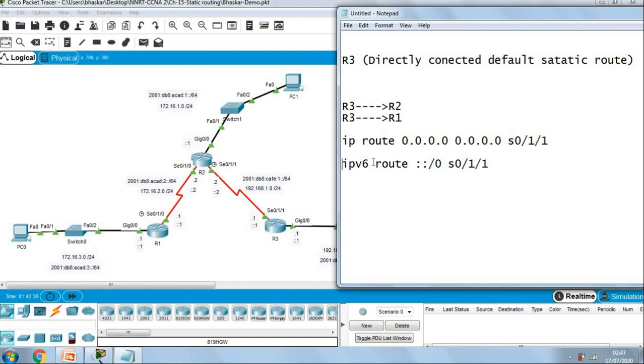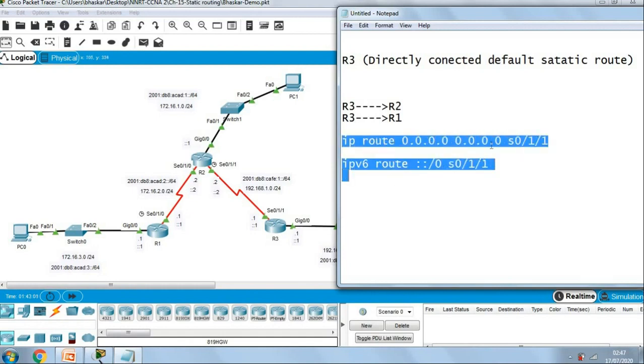So this is the IPv6 static route, the prefix with prefix length 0, and this is the exit interface serial 0/1/1. See here, from R1 I want to reach this IPv6 network. Yes, you can reach this one. So that's all about the default static routes I'm going to configure in router R3.